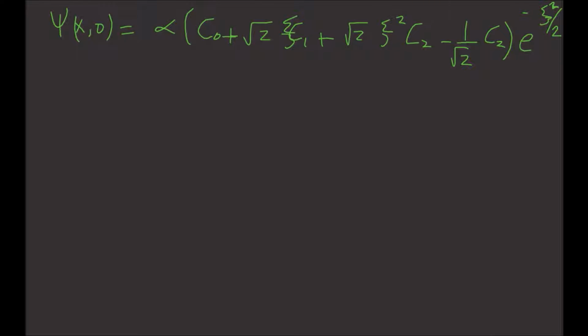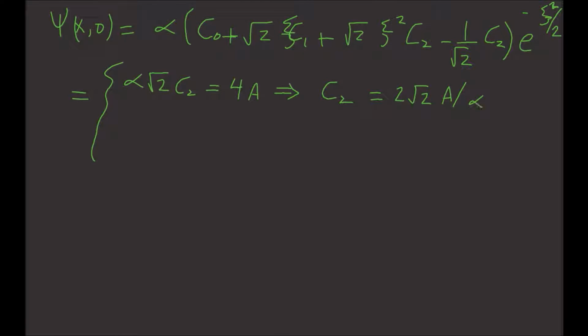Alright, so now if we combine like powers, we get the first one, alpha times square root of 2 times c2. This is equal to 4A, therefore we have c2 equals 2 times square root of 2 times A divided by alpha. And here we have alpha times square root of 2 times c1, and this is equal to minus 4A.